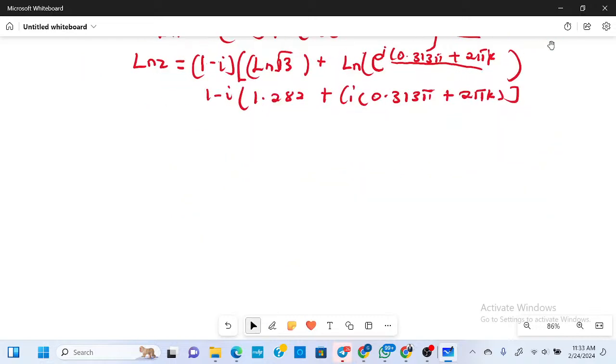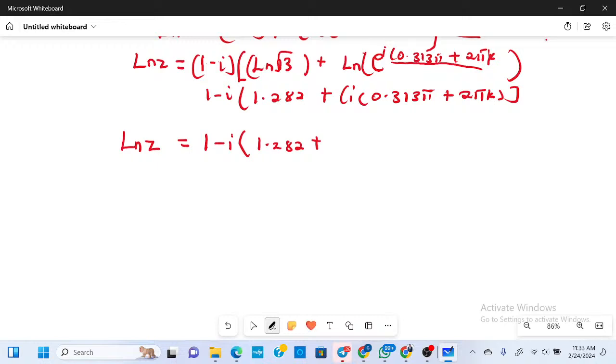So this expression will now be simplified as ln z equal to (1 minus i) multiplying the expression 1.282 plus, here I'll multiply through.